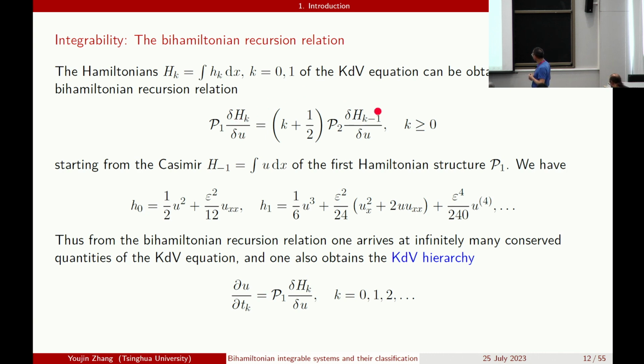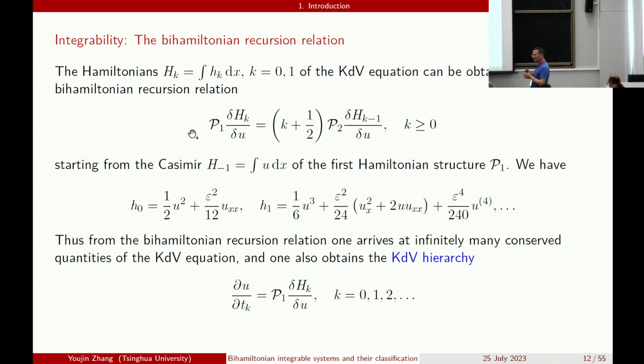Then we put the H0 into the right-hand side, and from the left-hand side we obtain H1, and so on. So starting from the bi-Hamiltonian structure and from the Casimir of the first Poisson bracket, we use this bi-Hamiltonian recursion relation to obtain infinitely many local functions H_k.